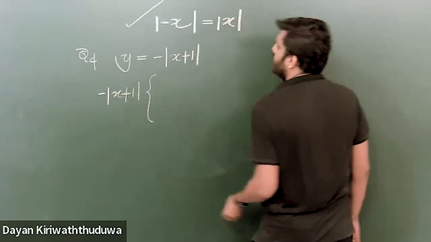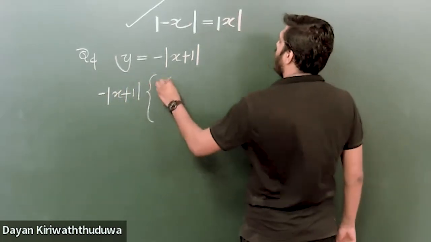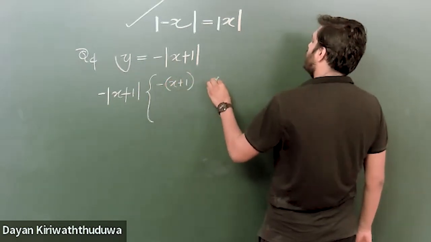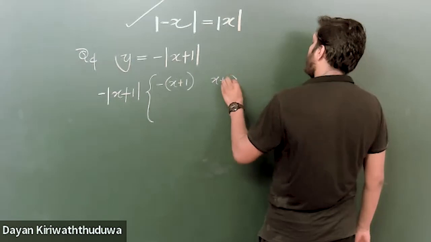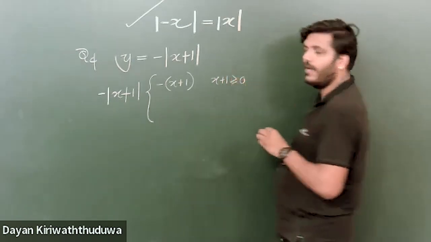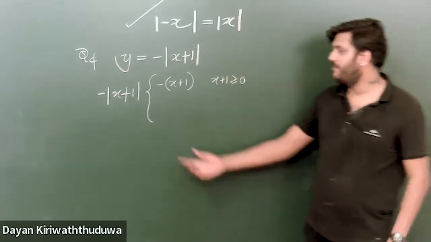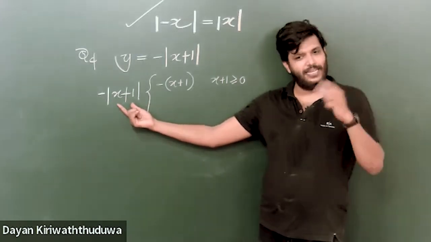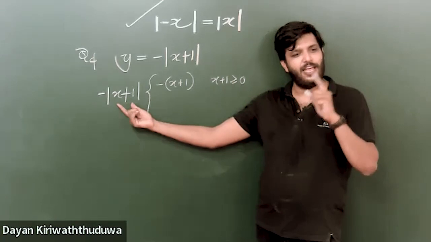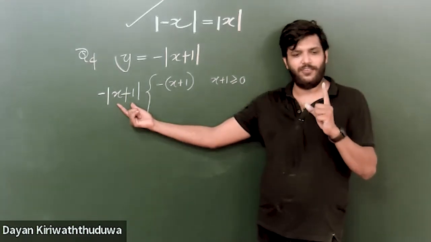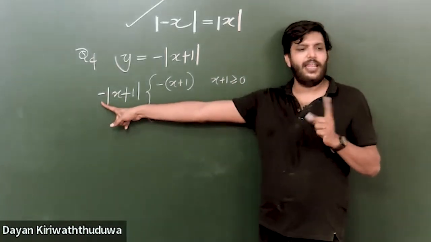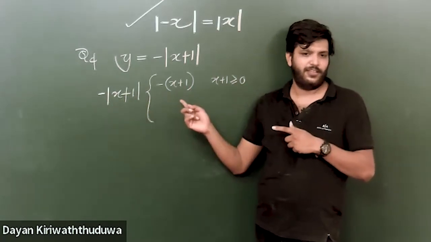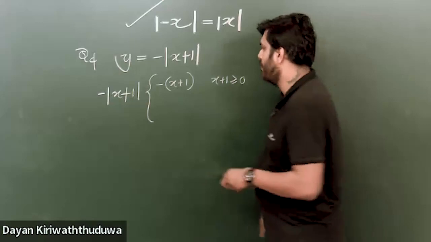So that is minus of x plus 1 when x plus 1 is greater than or equal to 0, because what is inside has to be non-negative. The additional negativity is part of the function, so we can't avoid that.